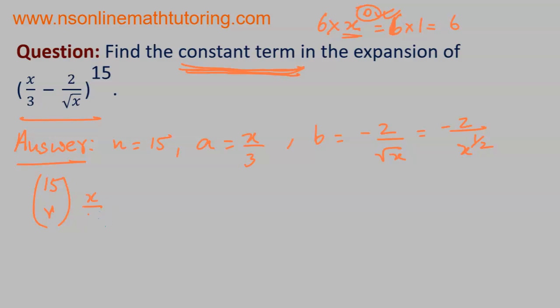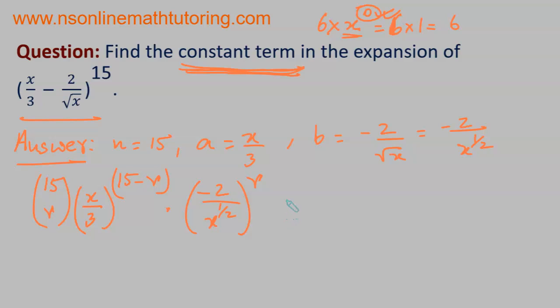So x over 3 to the power of n minus r, that is 15 minus r, and b to the power of r. So negative 2 over x to the power of half is getting raised to the power of r. Okay. So this is the general term, 15Cr x over 3 whole raised to the power of 15 minus r times negative 2 over x to the power of half getting raised to the power of r.